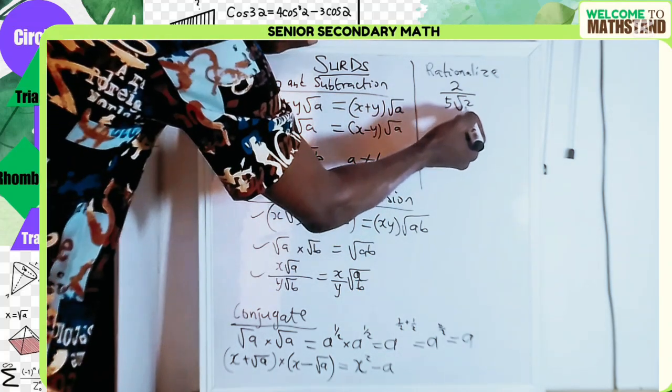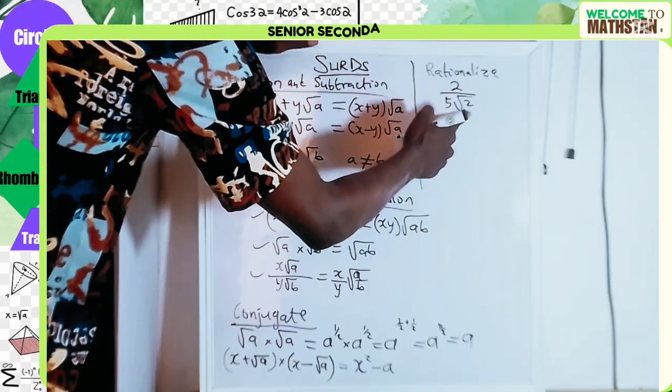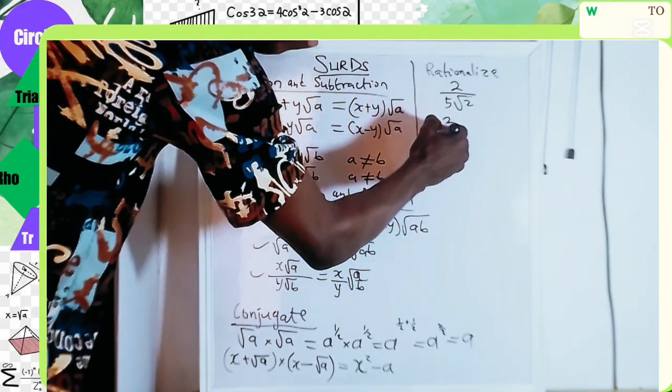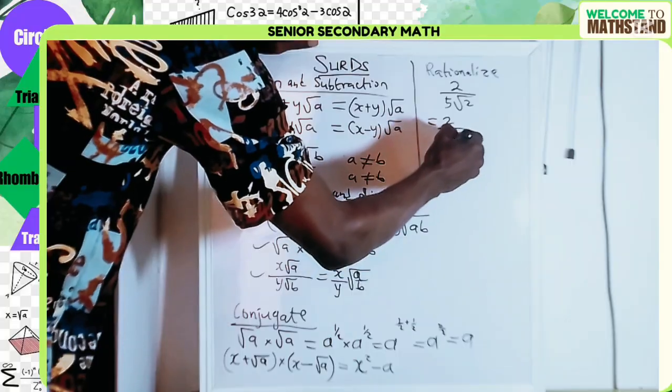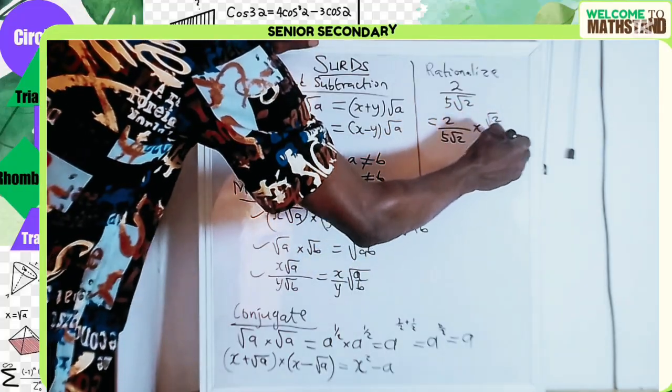Here, the conjugate of √2 is √2, according to this. So we use it to multiply 2 over 5√2 by √2 over √2.